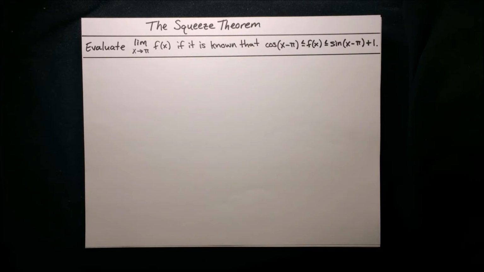To apply the squeeze theorem, all we really need is this inequality. So let's go ahead and apply the limit as x approaches pi to every expression within the inequality.